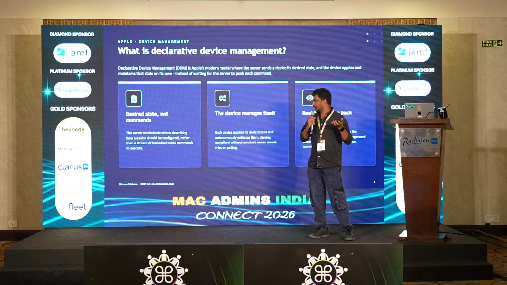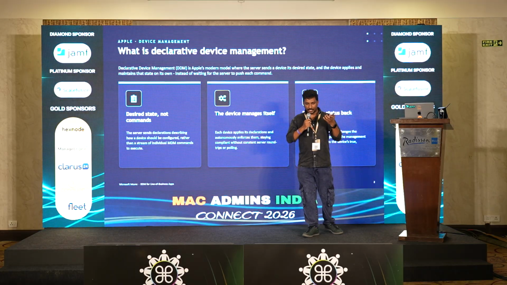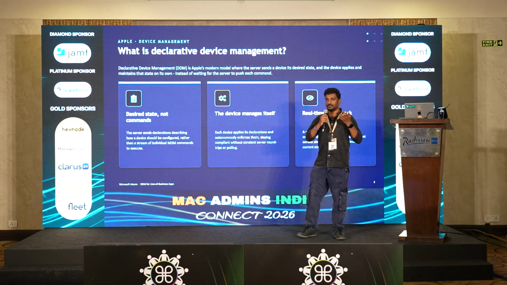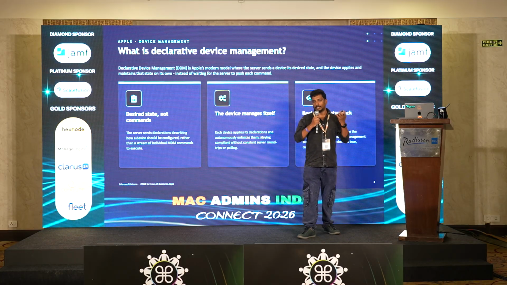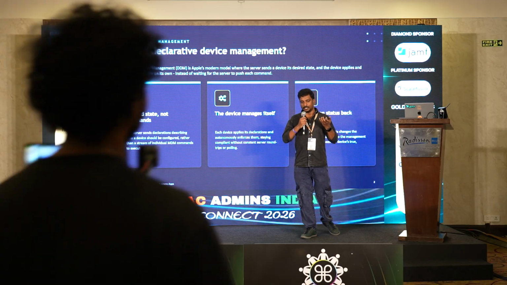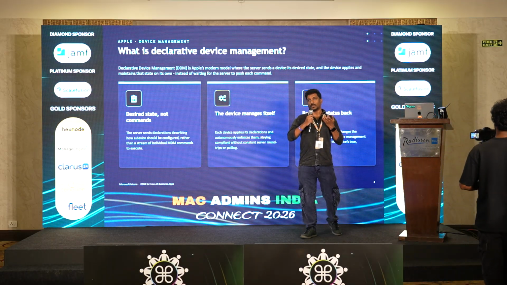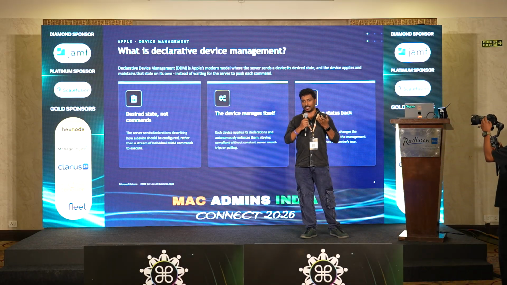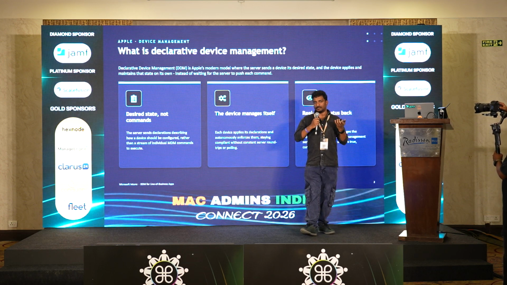The server sends a declaration, and that declaration describes how the device should be configured or act. The other good thing is that the device manages itself, so we no need to worry about how we are sending applications and software updates to these Mac devices.